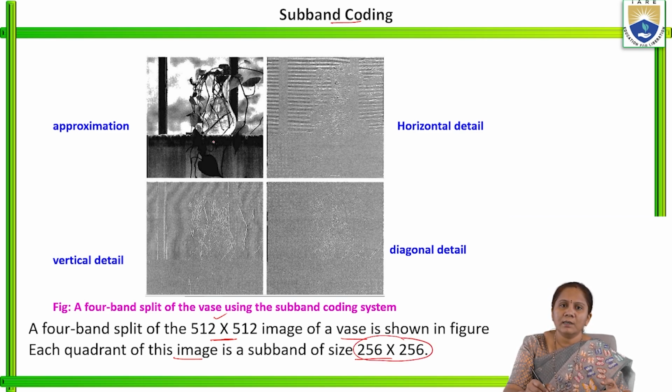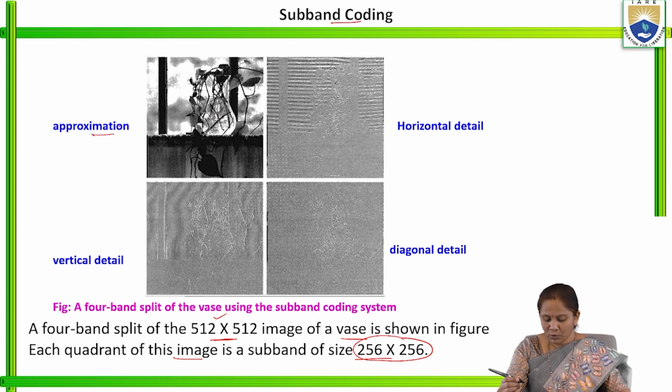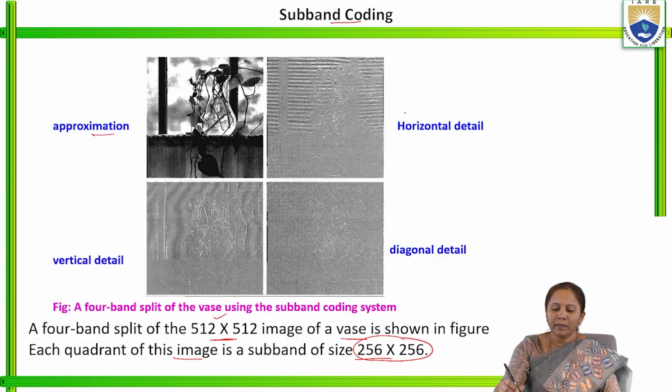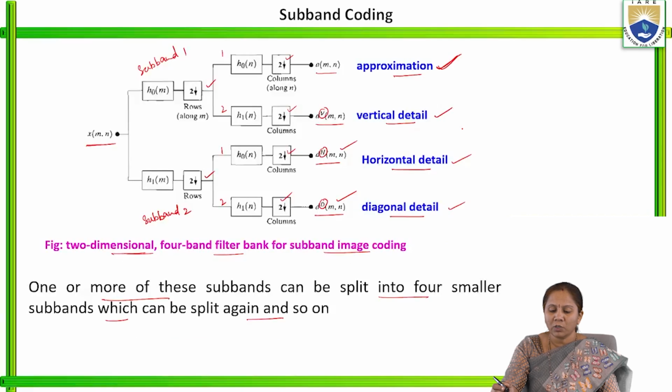Here is the picture of the vase which shows the approximation output, coming from this subband. This figure shows the horizontal detail, which is coming from this band.